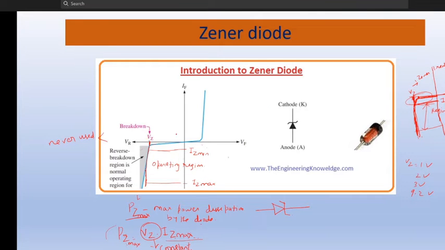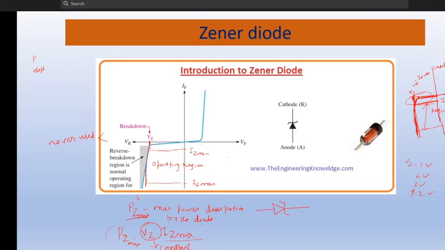In Zener breakdown, the depletion region is very thin, and the P type and N type are very highly doped. In reverse bias, a strong electric field exists, and because of that the covalent bonds break and the charge carriers move from the valence band to the conduction band. That gives rise to a huge current flow.